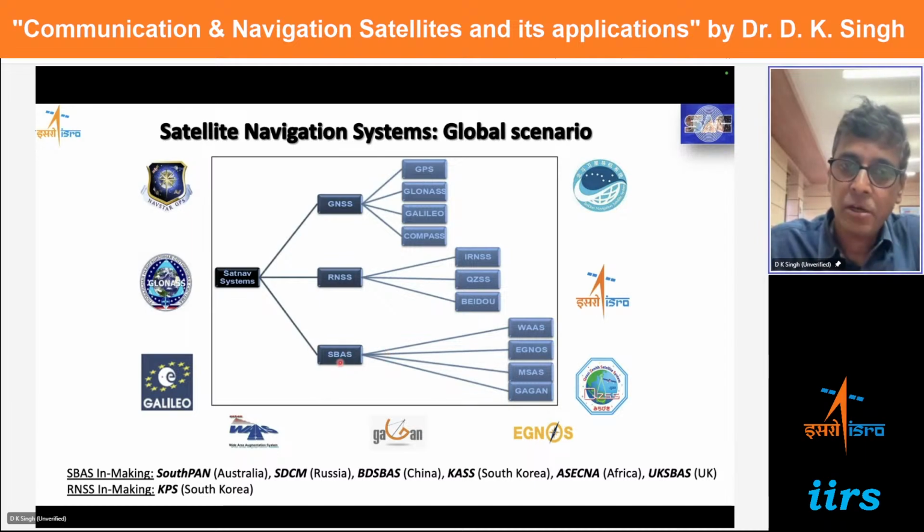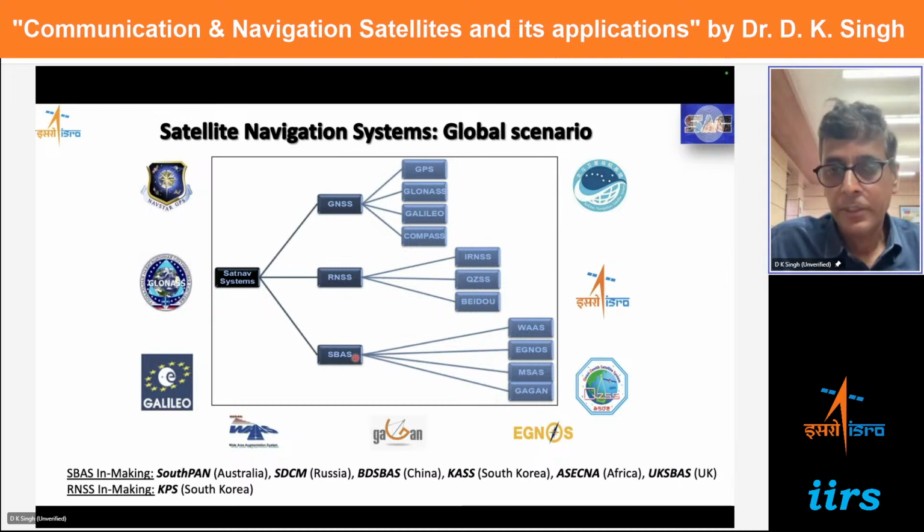Then the satellite based augmentation system. Now if you want to use the navigation signal for safety of life applications like aircraft navigation, landing, en route navigation, and many other applications, you cannot directly use these GPS or IRNSS signals.